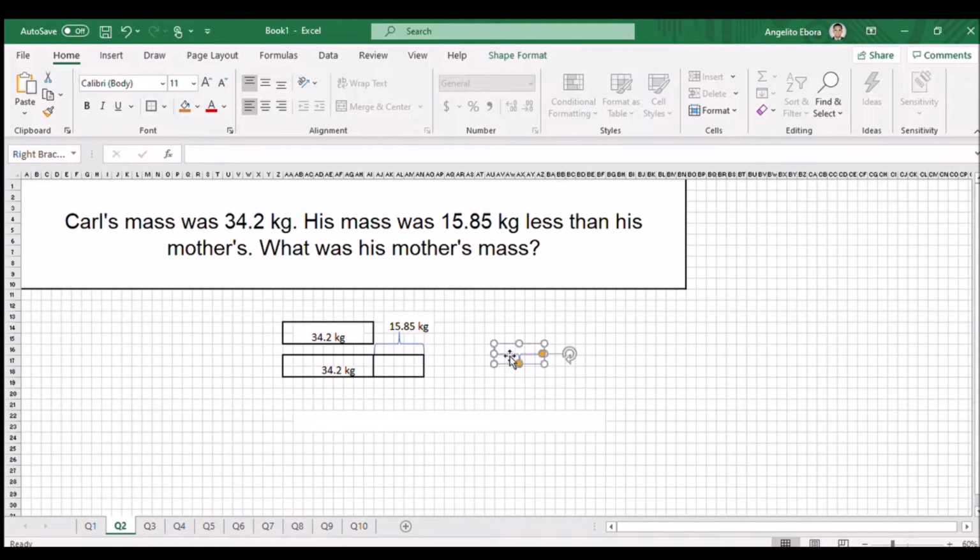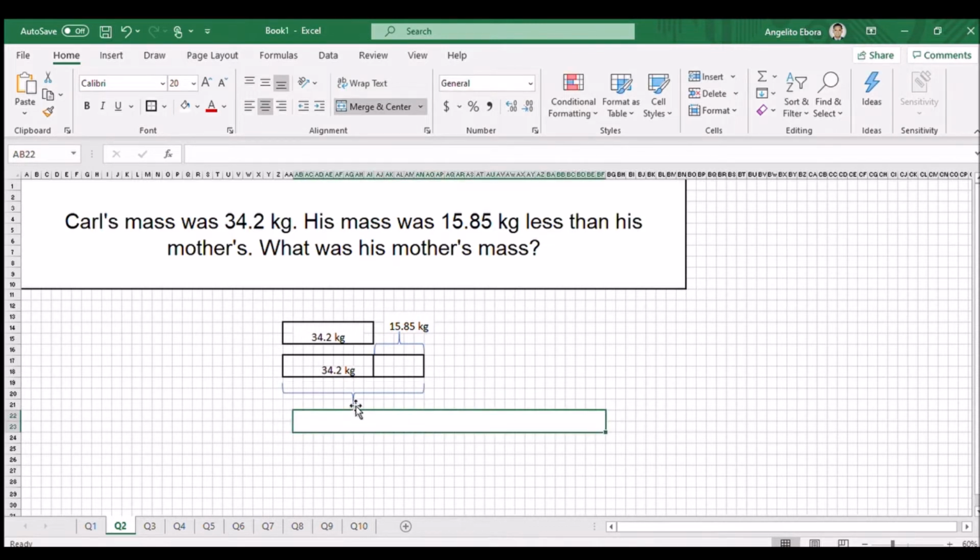So we know that this part is 34.2. So 34.2 kilograms plus 15.85 kilograms is equal to, we can just write the unit at the end.